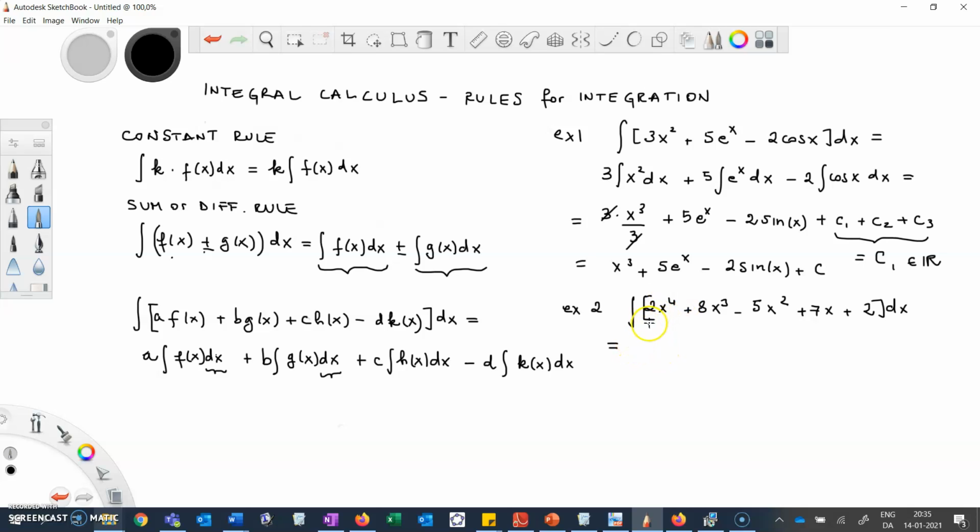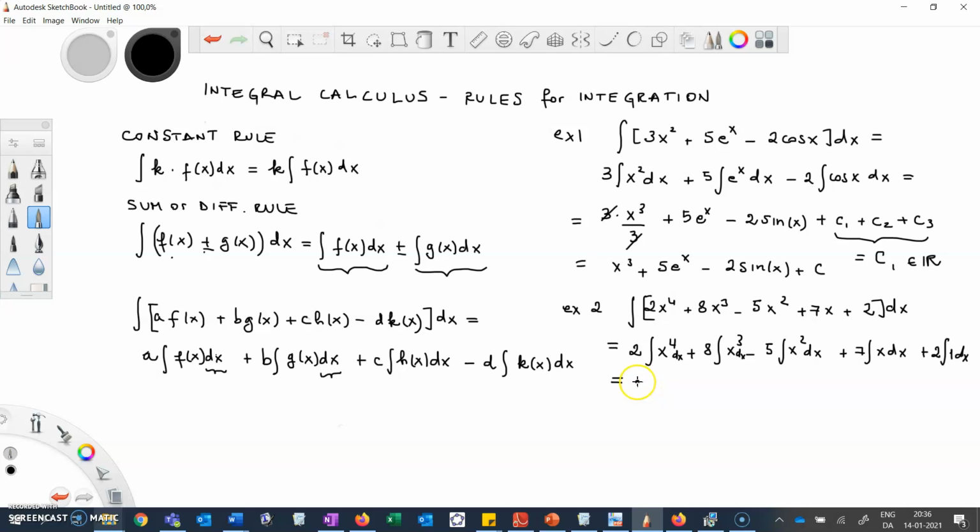So I will have that the first integral gives me a 2 outside, it's a constant, times the integral of x to the power of 4 plus 8 integral of x to the power of 3 minus 5 integral of x to the power of 2. I forgot here the dx. Let me add the dx. Plus 7, the integral of x in dx, plus 2 times the integral of x to the power of 0 in dx.